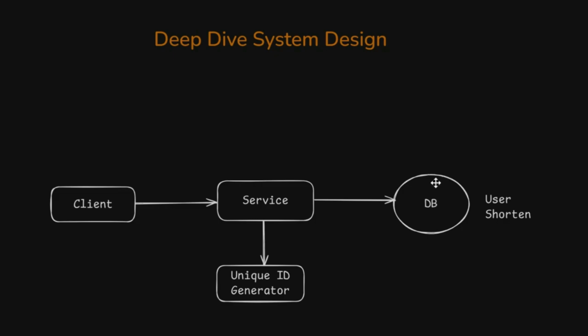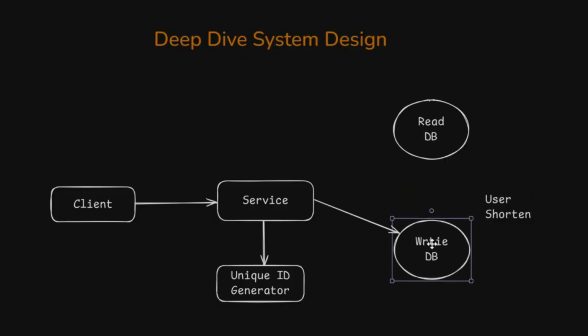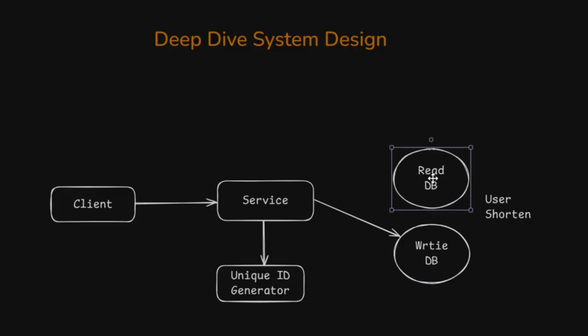So let me create another instance of this DB and call it the read replica, and this is the write. The schema would be the same for both instances of the server, but the difference is just between read and write, so that each database instance can scale on its own.